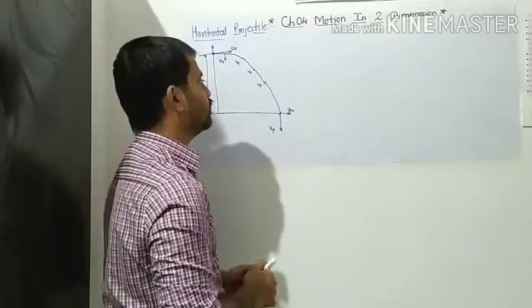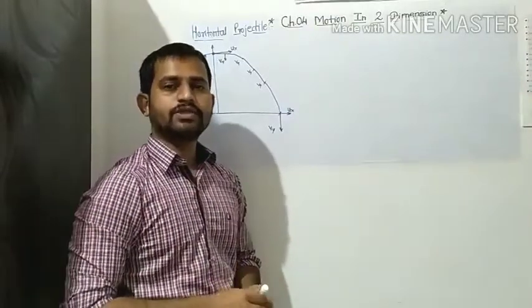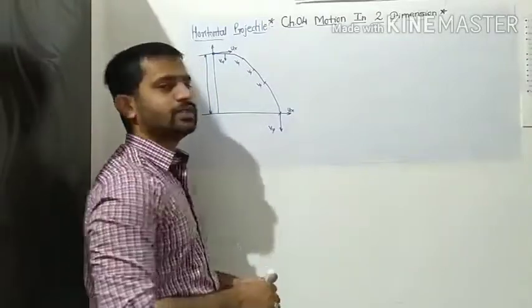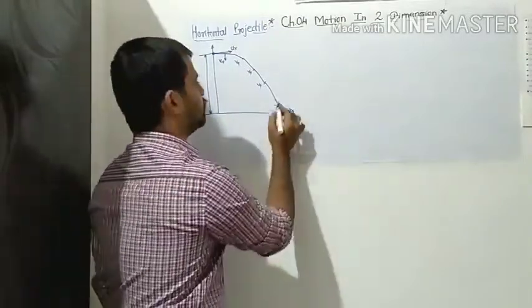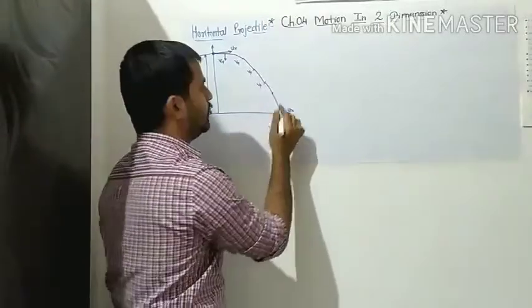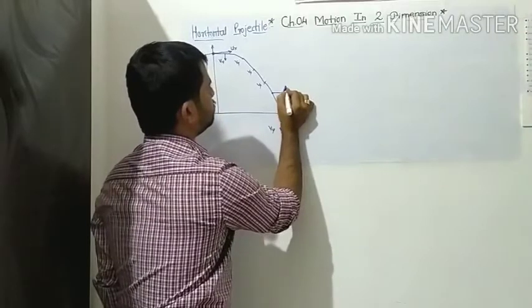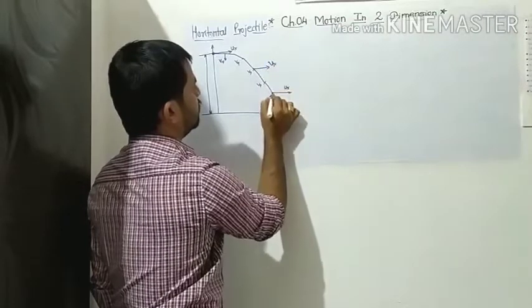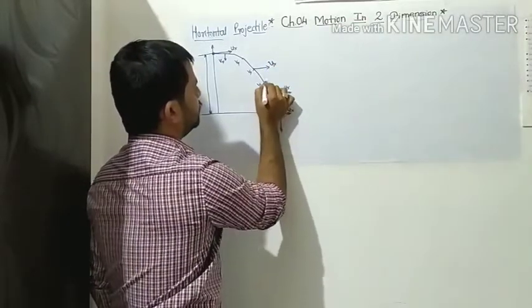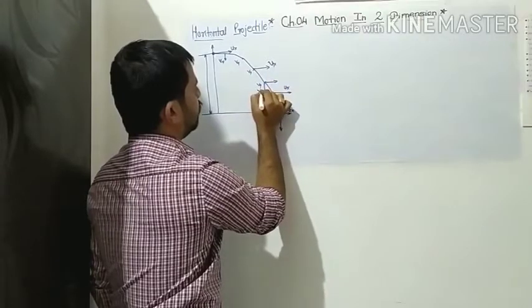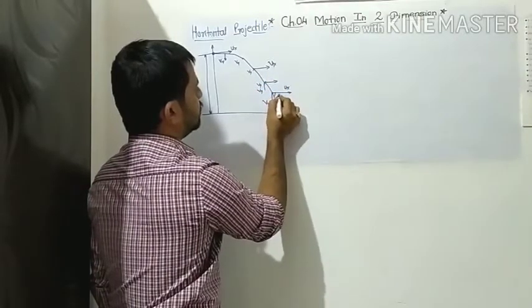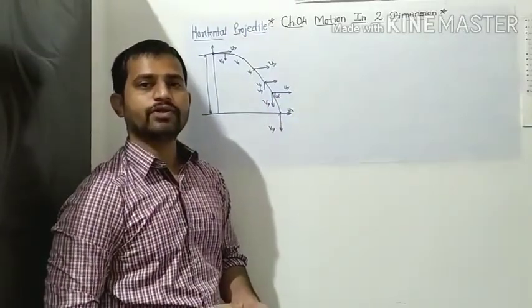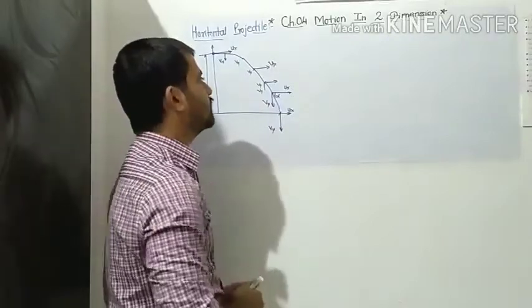So if we think about the path of the object in horizontal projectile motion, and suppose we have to find the velocity at this point, it will be under the effect of ux. Here again it has the same value of ux, but the value of vy changes with respect to time, and the velocity makes some angle alpha with the horizontal.